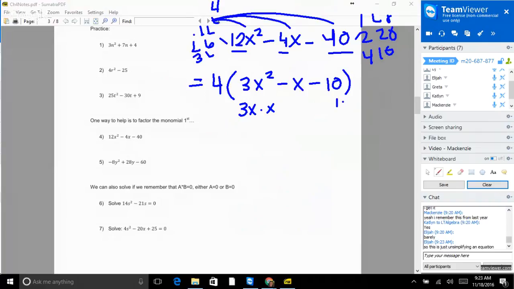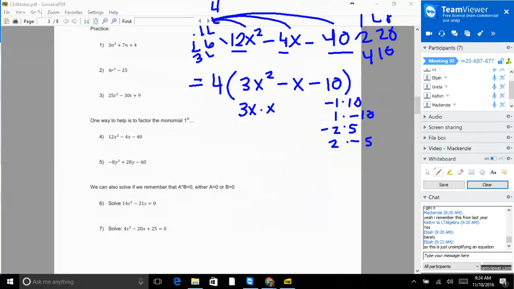So we've got 1 times 10, and actually I'm being a little sloppy with my signs. It's actually negative 10. So it's either going to be negative 1 times 10 or 1 times negative 10, negative 2 times 5, or 2 times negative 5.